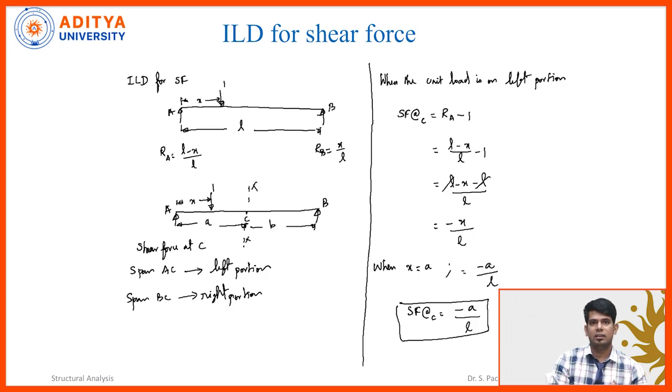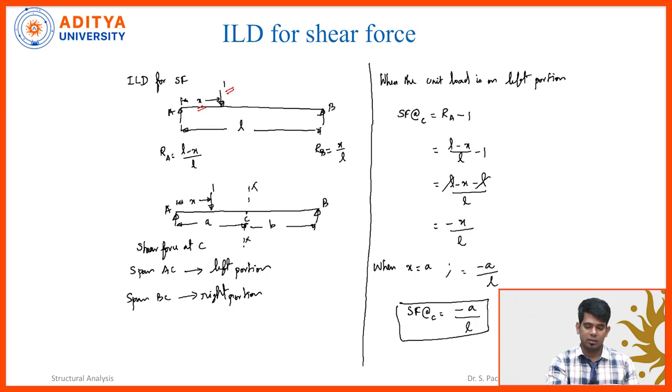It has two supports A and B, and one unit force 1 located at a distance x from the support A. Now I am going to calculate the values of RA and RB. In the previous lecture we saw, for a simply supported beam with one unit force acting on the span, what the reaction forces are.